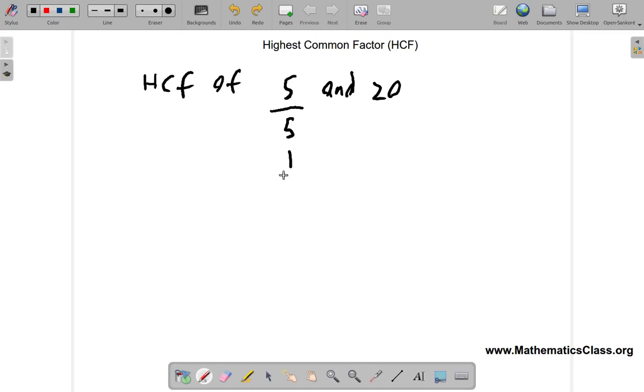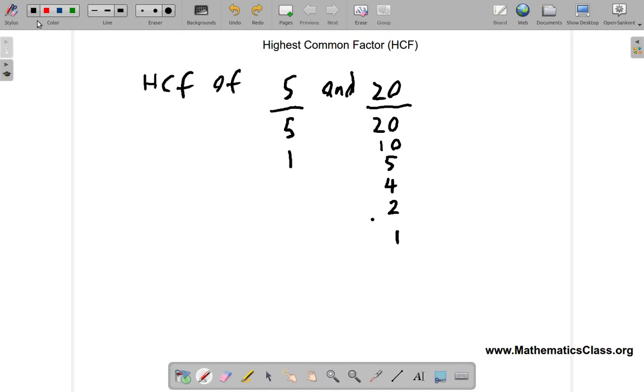Now, what about factors of 20? What are the numbers that can divide into 20 without leaving a remainder? Here's 20 itself, and 10, you have 5, 4, 2, 1. Okay, good. What is the highest common factor?